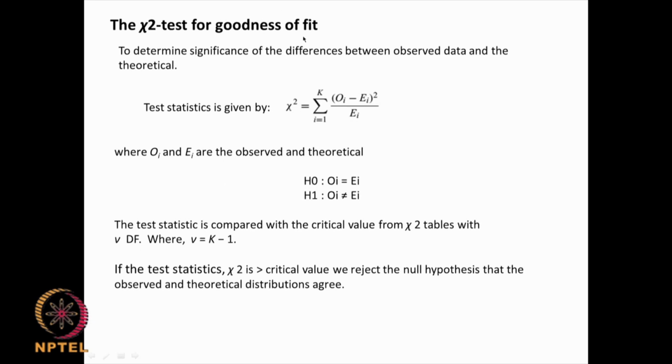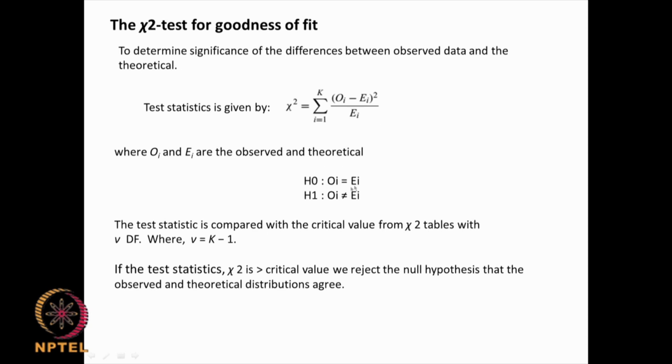We can use it for testing goodness of fit. That means you observe something whereas you expect something. So the observation is either different from your expected, or equal to the expected. The test statistic will be: observed minus expected, squared, divided by expected, summed over k values.